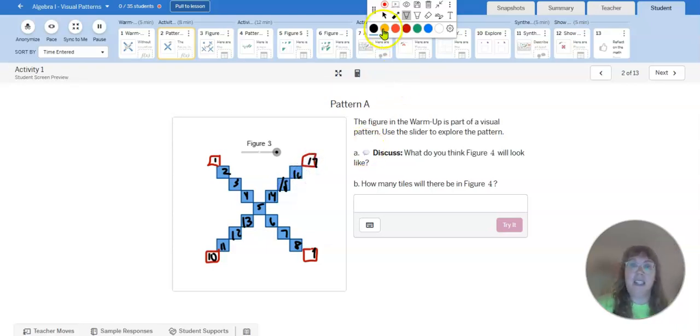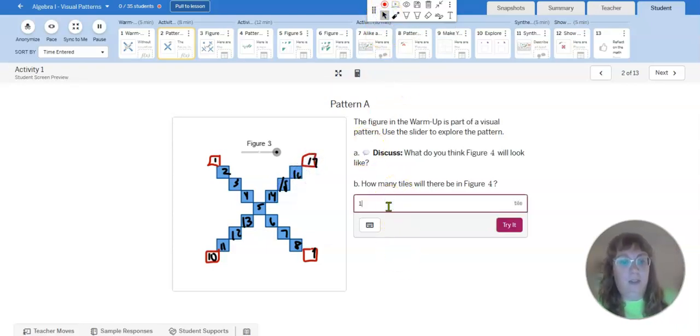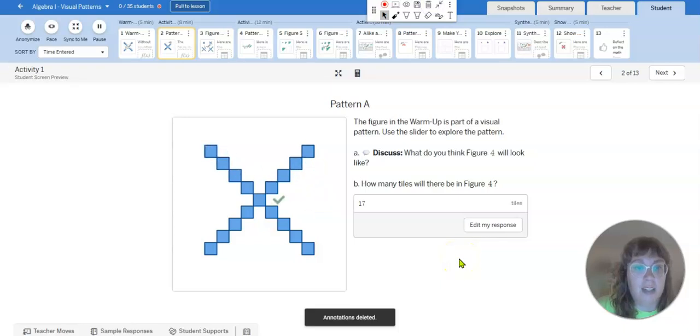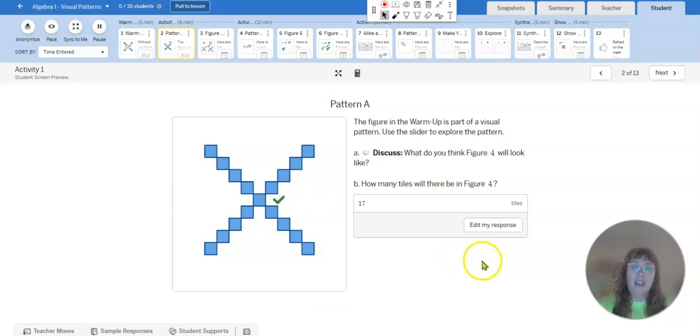I got 17. So figure 4 is going to have 17 tiles. And if you hit try it, it'll check it and notice, yeah, there are exactly 17 tiles that are going to exist in figure 4. Beautiful. Once you have that plugged in, go ahead to slide 3.